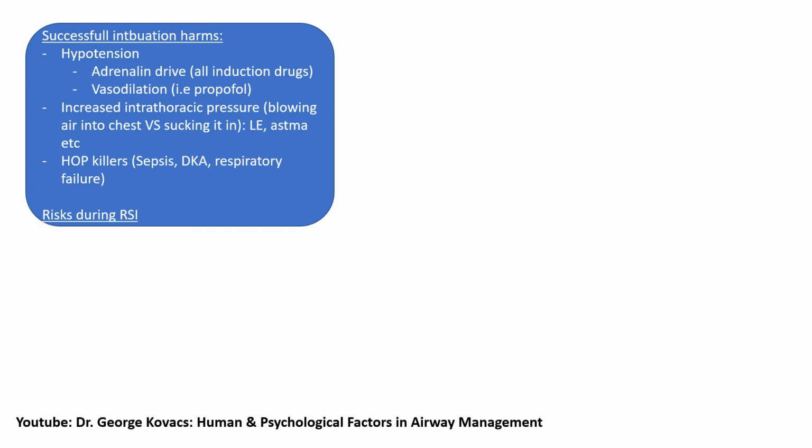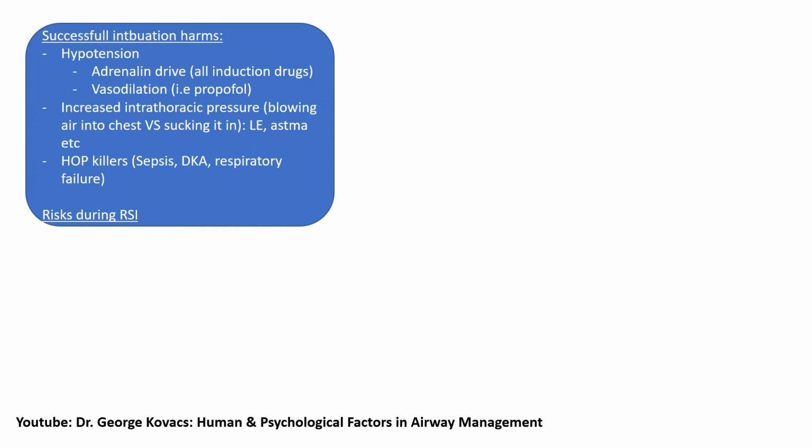So that would be propofol or ketamine or some of the other drugs, etomidate, and all of these drugs will have the risk of producing hypotension. Vasodilation is specific to propofol, that's a property of propofol, that it is also a vasodilator, so it will vasodilate and it will tank the blood pressure.